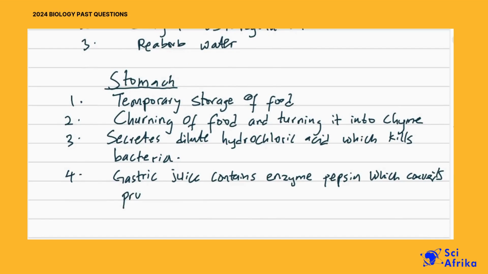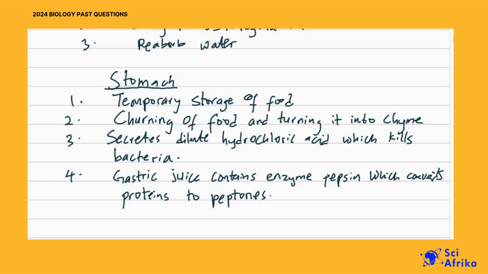So in the food taken by the individual, there are some protein molecules. Those protein molecules are changed to peptones through the action of pepsin. So these are the structures we have in the body, and these are the roles they play in digesting the food after it has been taken.